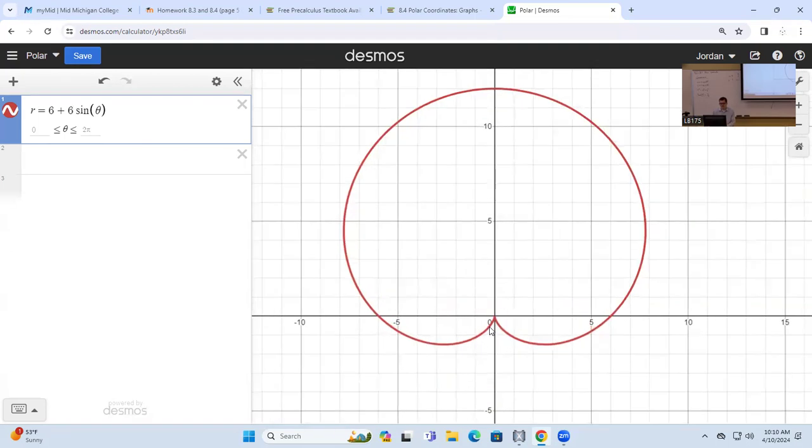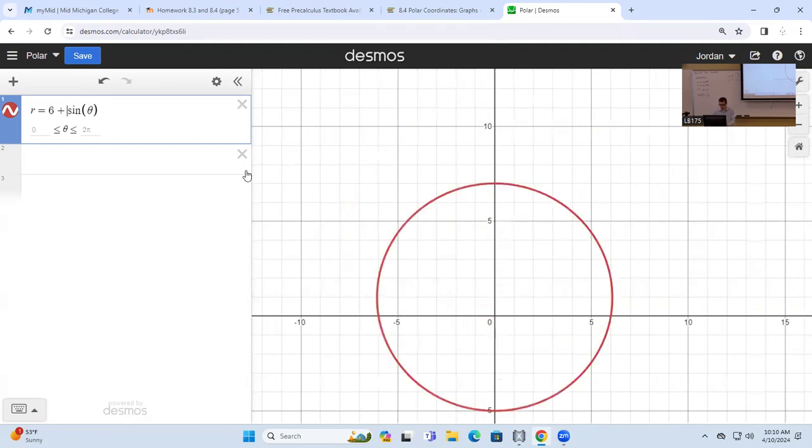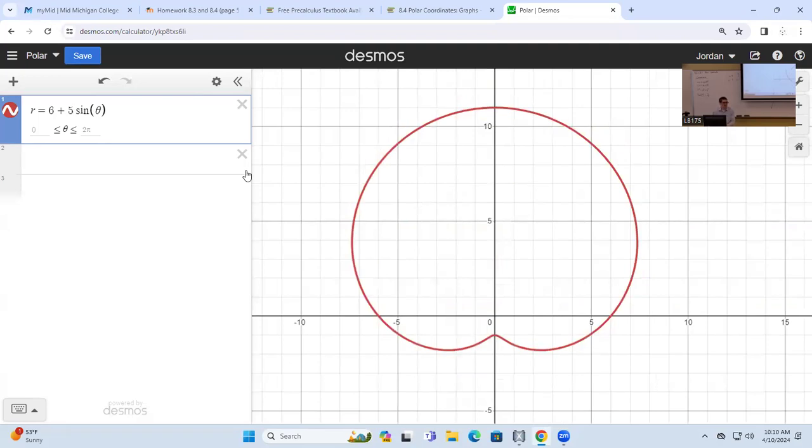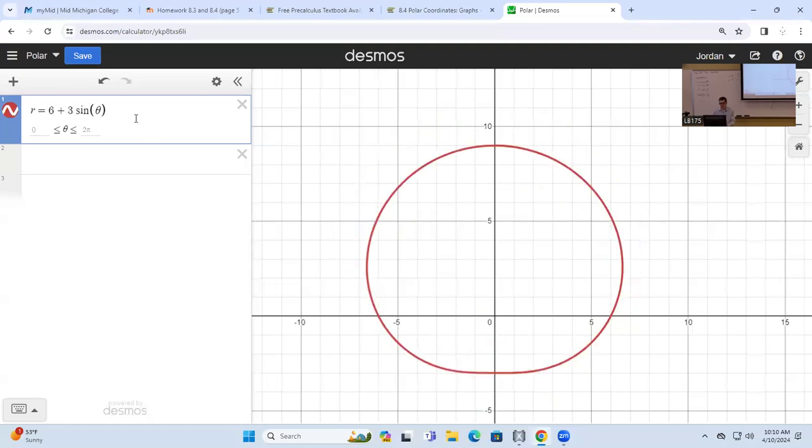Then all of a sudden my inner loop goes away. It just comes up, touches the origin, and goes back out. Or 6 plus 5 sine of theta. Then it indents a little bit, but it doesn't get all the way up to the origin. Or 6 plus 3 sine of theta. It indents, but just barely indents.